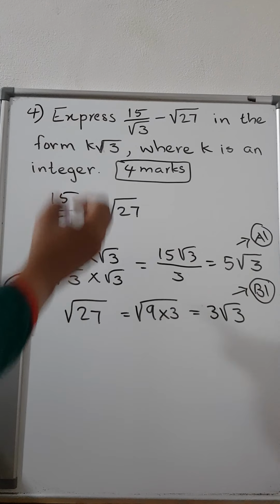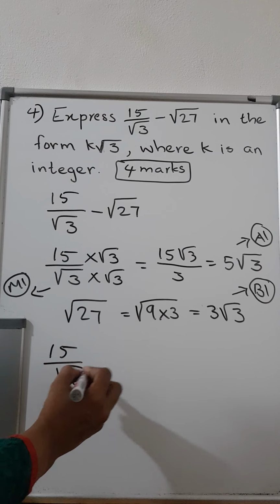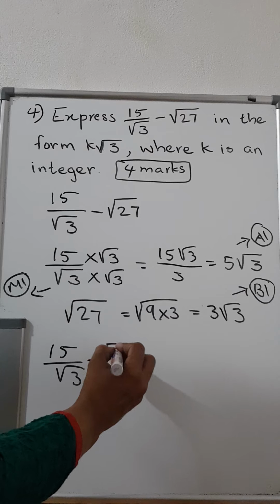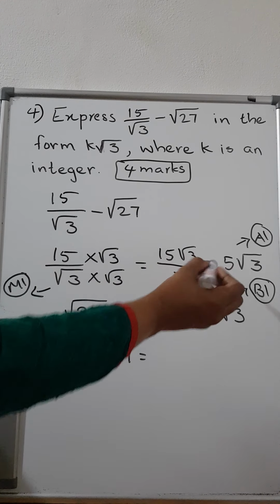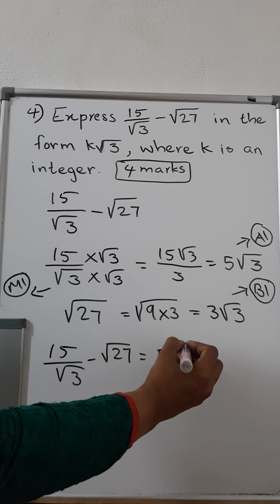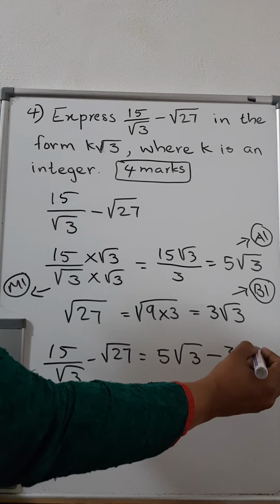Then we can write our expression 15 divided by root 3 minus root 27 as, see, 15 divided by root 3 is 5 root 3 minus root 27 is 3 root 3.